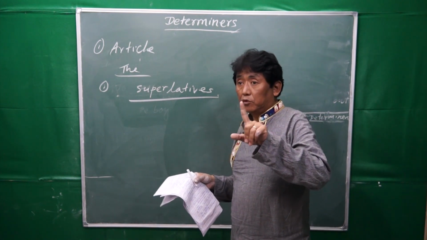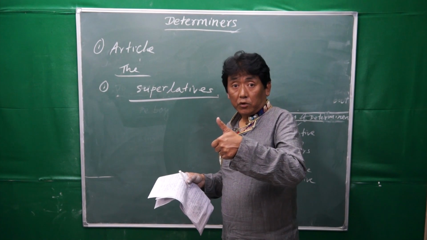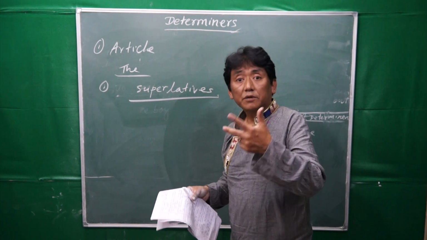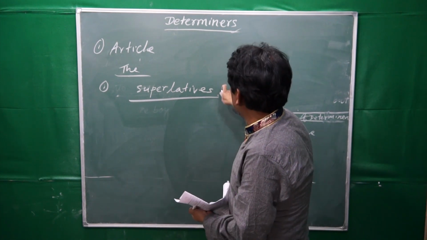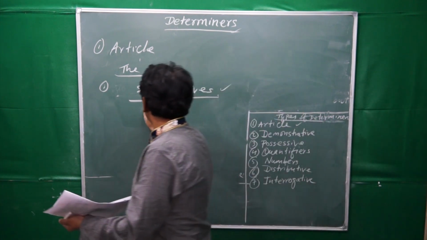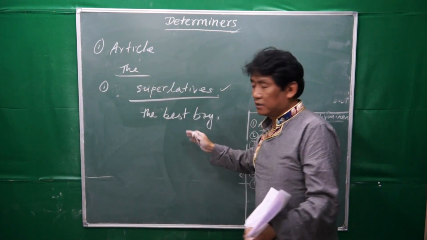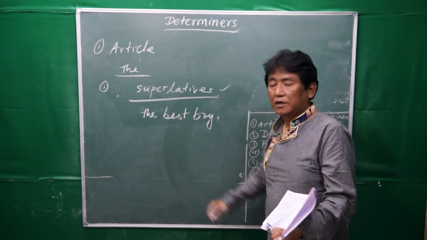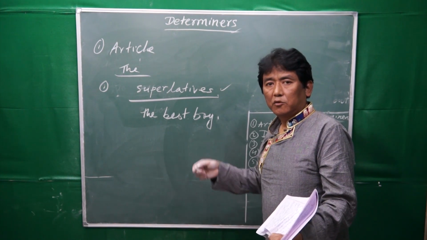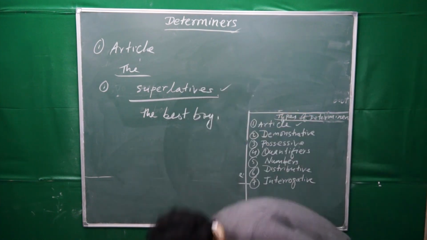Supposing I say that boy is good, that is positive. The boy is better, that is comparative. And when we say the boy is the best, that is superlative. And when we write a superlative, we have to write the in front of it. The best boy. Superlatives like best. And sometimes we may have the most beautiful person. The most beautiful. Okay, that is what the second rule about articles is.